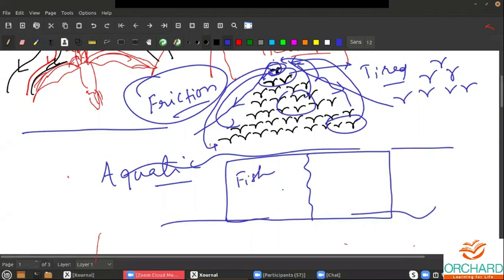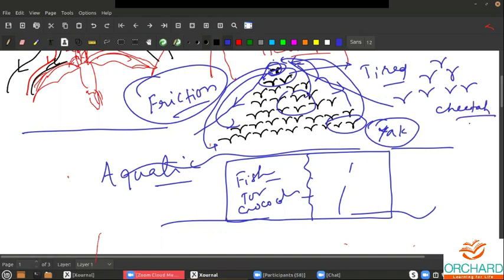Assume that there is a sudden threat for some other animal which is trying to escape through this water, say for example a yak, which is trying to escape from some cheetah. So all these are real life situations, okay? We cannot see this except through videos or some other documentaries. Assume that a cheetah was chasing a yak. That yak is trying to escape through this water.